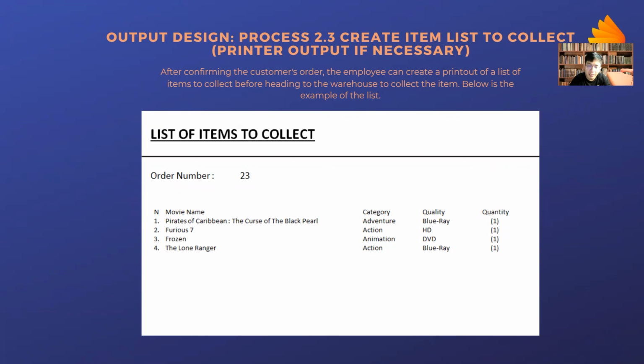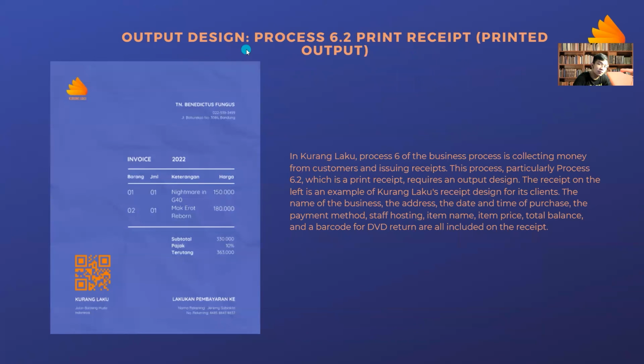If customer A wants to purchase Pirates of the Caribbean, Fast and Furious 7, Frozen, and The Lone Ranger, the employee must print out the list of items so they can bring it to the warehouse for checking. So that is from the employee part.